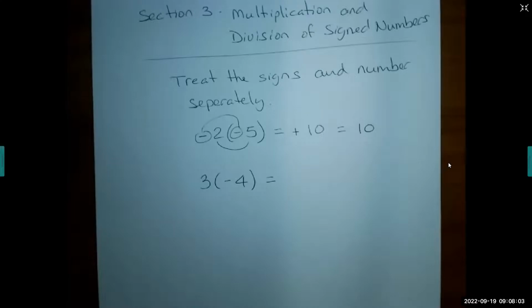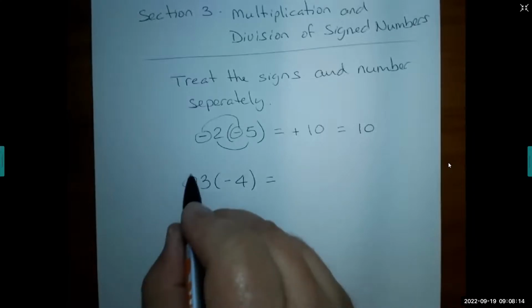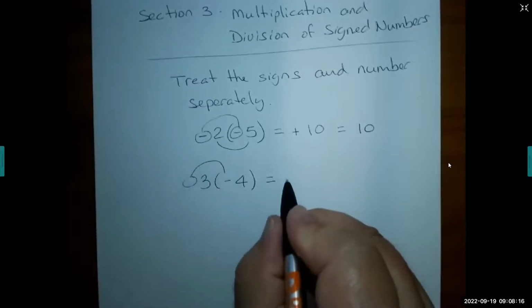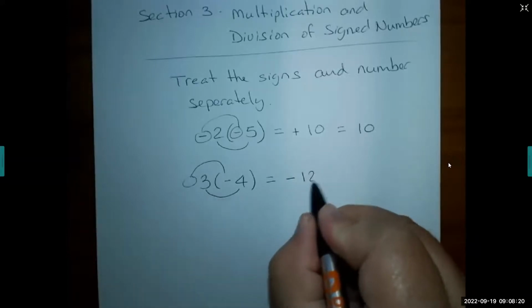Three times negative 4. Again, the sign in front of the 3 is positive, so positive times negative is negative. 3 times 4 is 12, and there's your answer.